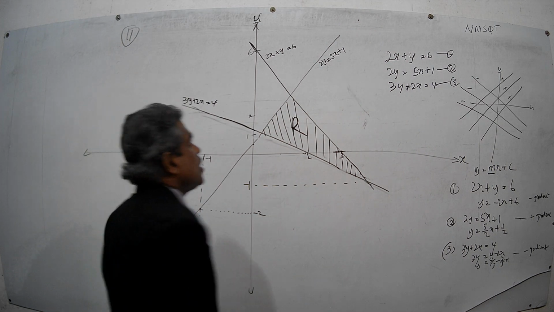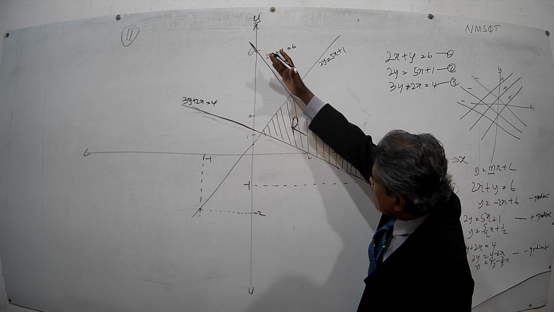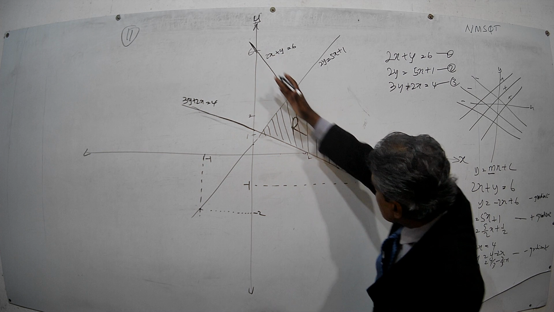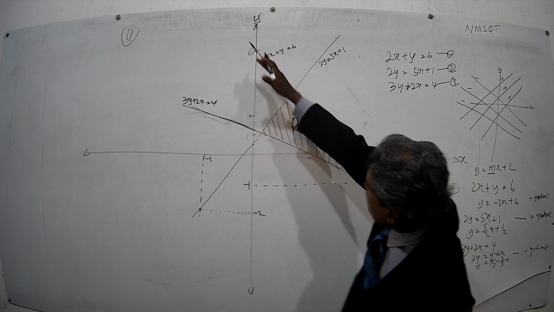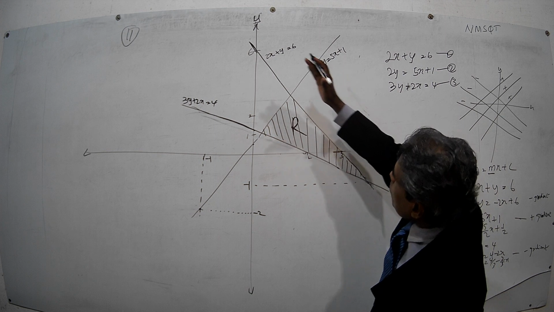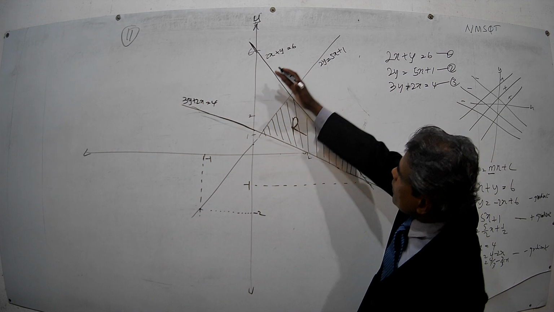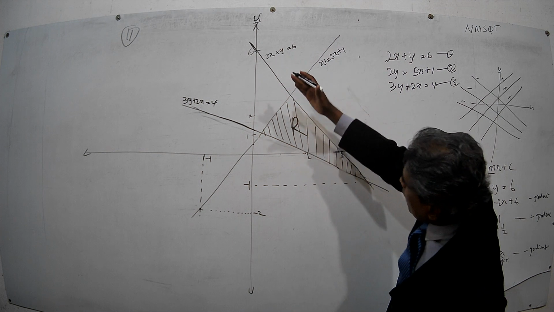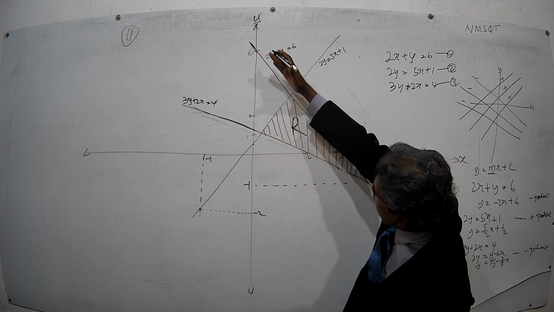Now from this line, which region is taken into the triangle? There are two regions into which the plane is divided by this line, one below the line and the other above the line. The triangle is situated in the area below the line.